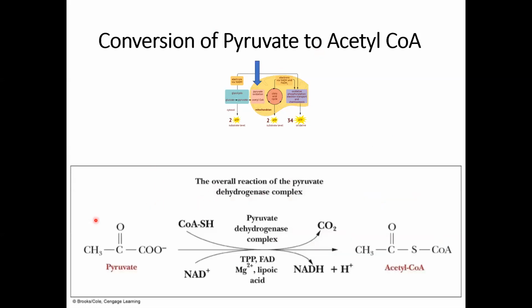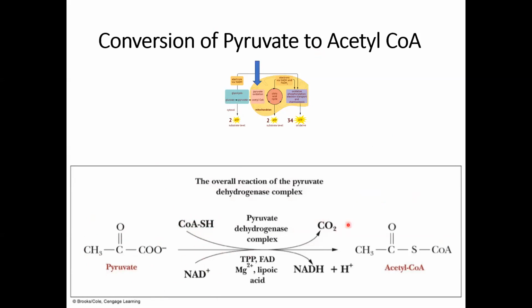So this is just looking at it in a little bit more detail. We start with pyruvate. We actually start with 2 pyruvates because remember we had two 3-carbon sugars, which led to the production of 2 pyruvates. Coenzyme A is required and NAD to get this reaction happening.